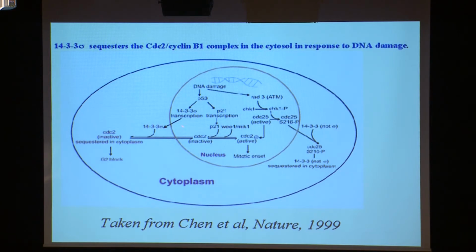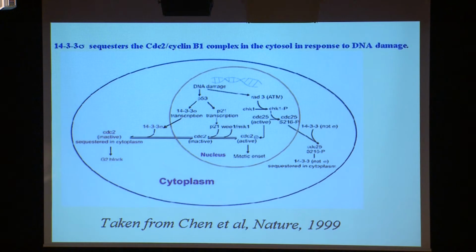The 14-3-3 sigma binds to a cell cycle cyclin complex in the nucleus, and this complex then traffics out of the nucleus into the cytosol. And so the cell cycle proteins are now in the cytoplasm, they're inactive, and this blocks the cell cycle at the G2 phase.